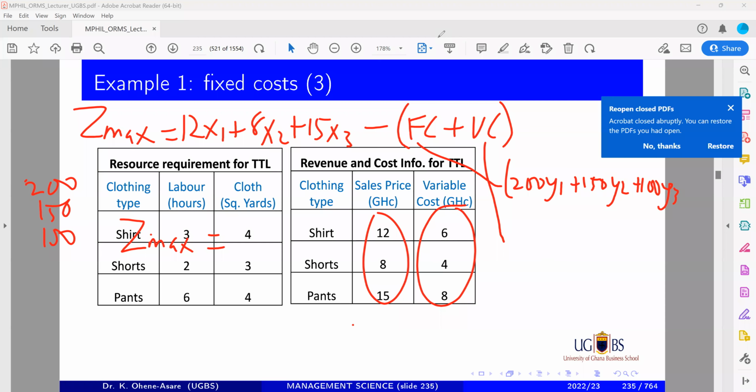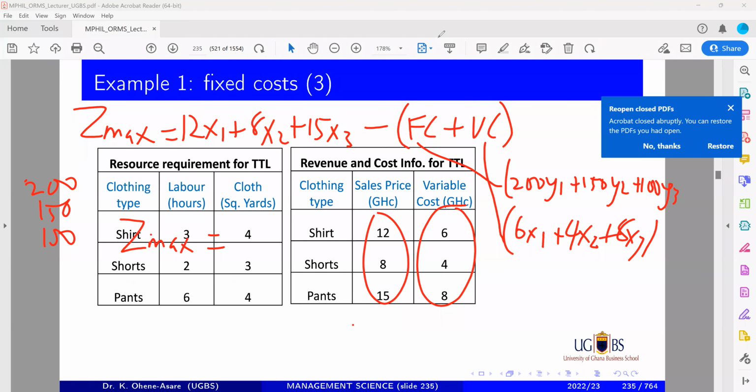They change with the level of production. So the variable costs are 6, and you attach that. Let me also keep that one in the bracket. So it becomes 6x1 plus 4x2, plus 8x3.